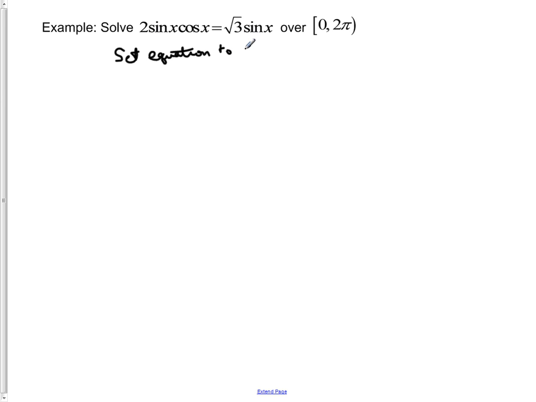So when you have multiple parts, and it's not just a simple sine of x is equal to something that we can isolate really easily, set it equal to 0. And then let's see if we can isolate a part by factoring.